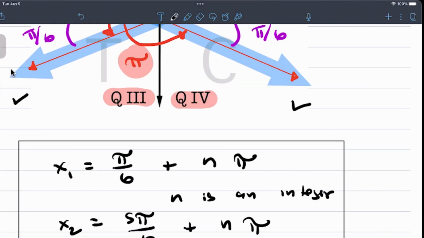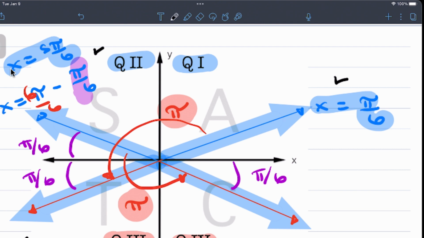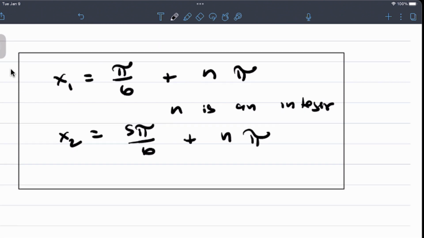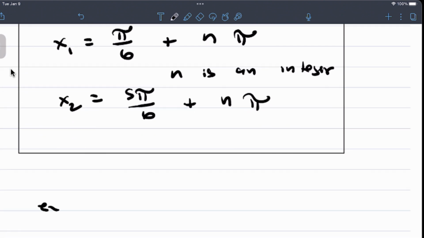That's what I want you guys to know, that these are opposite. If you ever have opposite quadrants that way, 1 and 3 are opposite, 2 and 4 are opposite, you get to do the n pi, not 2n pi. All righty.